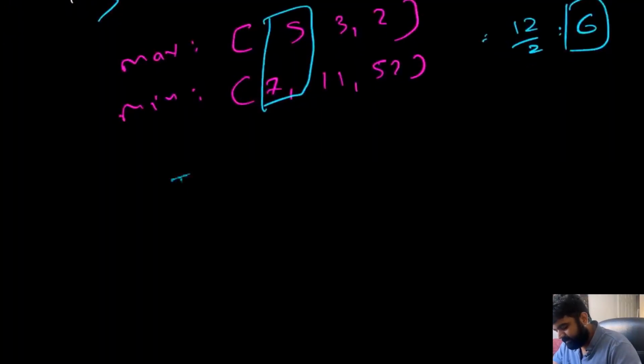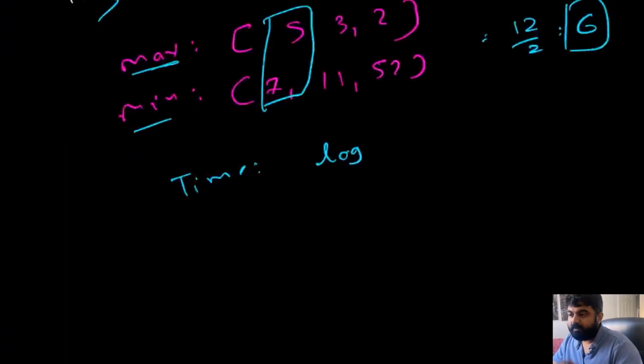Let's calculate the time and space complexity. So again, for the time complexity, first we need to find that for the max heap and min heap. Insertion takes log n time, and essentially we are going to be inserting values in the max heap, min heap, sometimes from max heap to min heap and sometimes from min heap to max heap. But in either case, we are going to be achieving that in log n time.